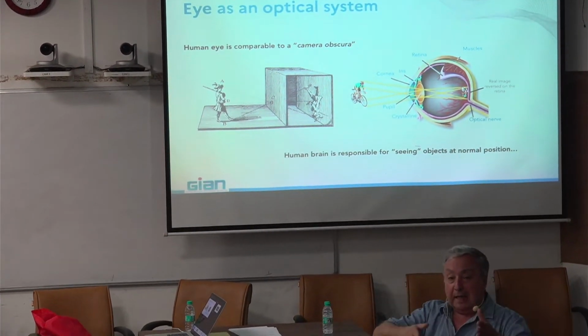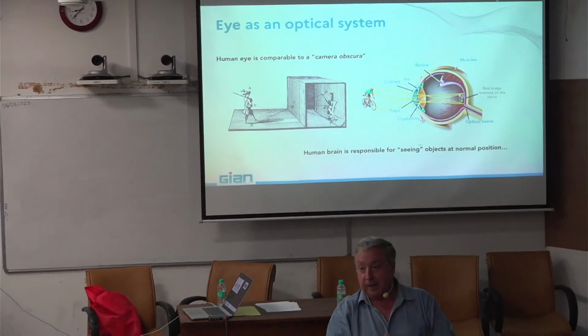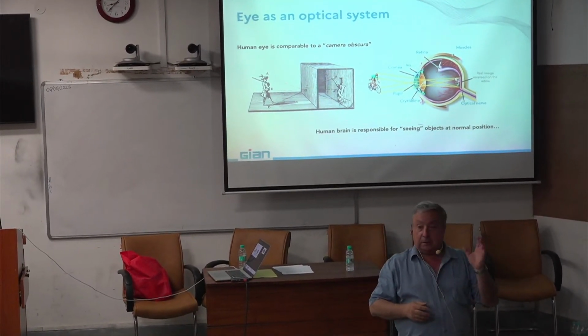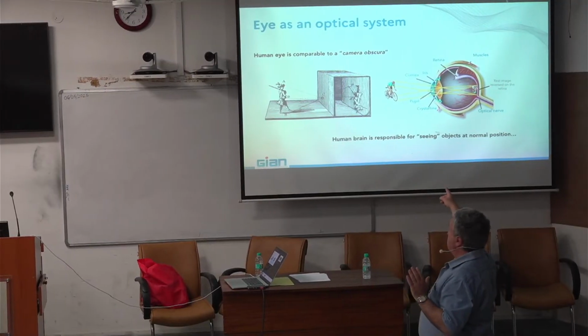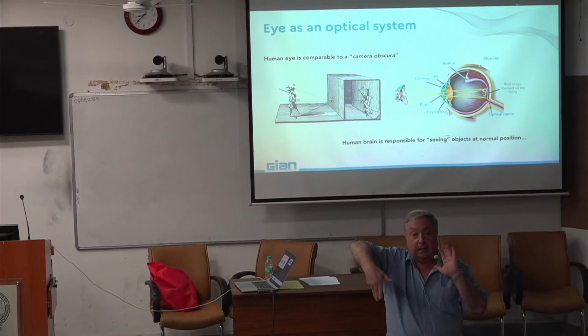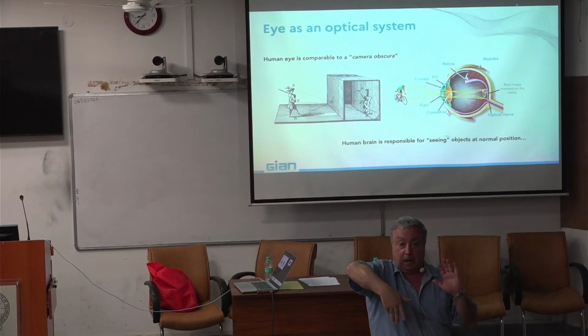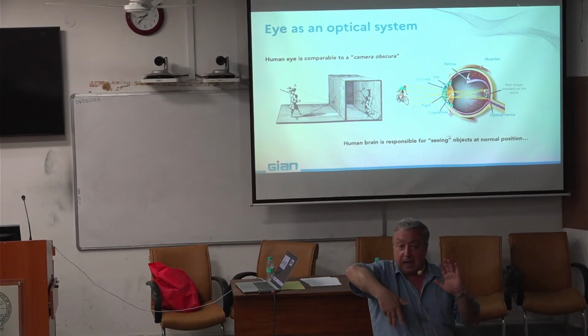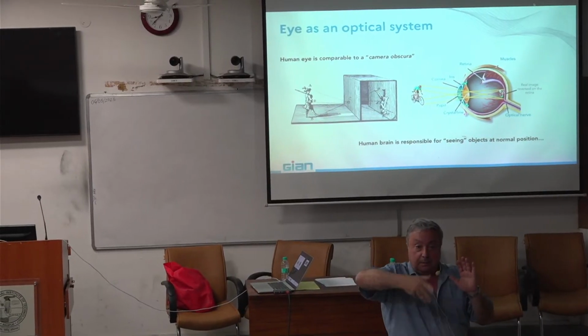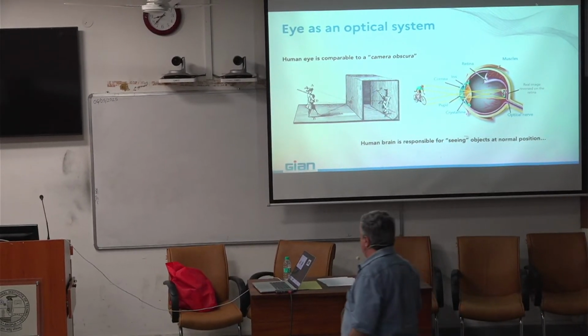Okay, here it is not flat, it's curved, but what is important is that you see the cyclist in the right position, but in reality the cyclist image is formed in the opposite position in your eye. It's not the eye that changes the position of the object. And I will show you an example.